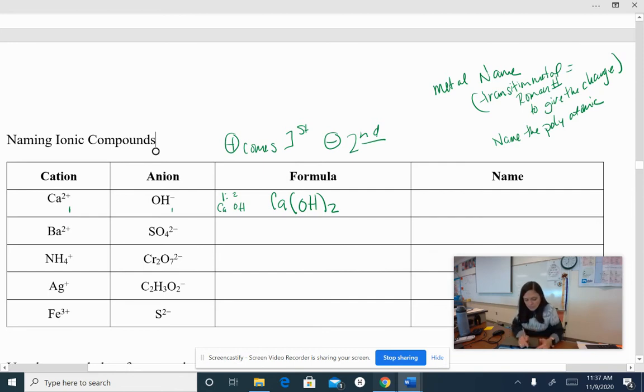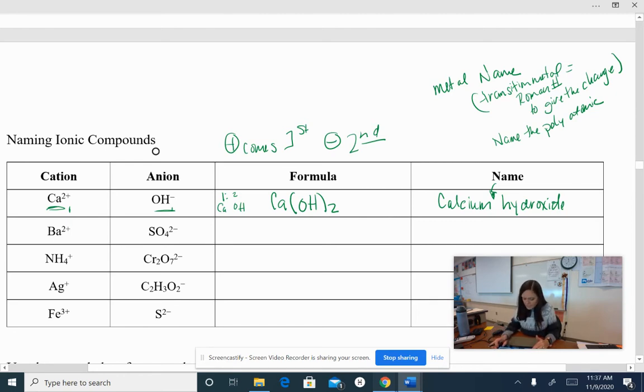So this would be calcium hydroxide. Now notice, I do not make it all one word. I do put a space here. So calcium space hydroxide. It's not all one word, okay?